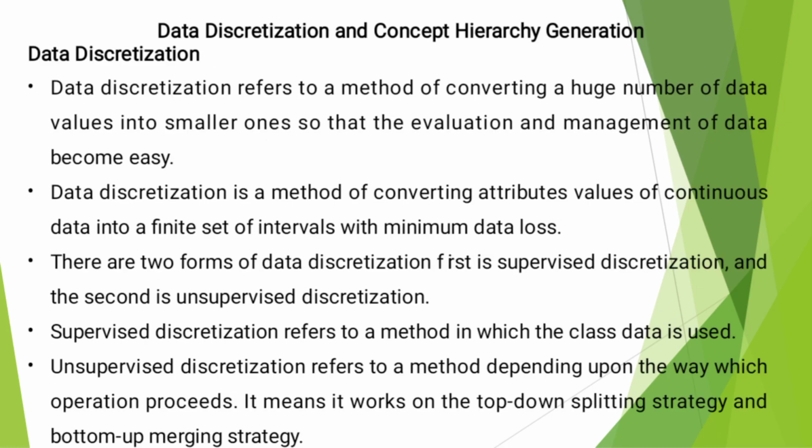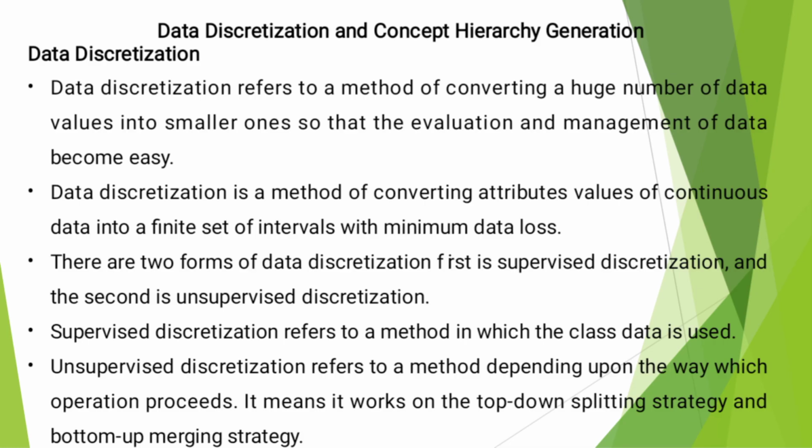Then data discretization and concept hierarchy generation. Data discretization refers to a method of converting a huge number of data values into smaller ones so that the evaluation and management of data become easy.